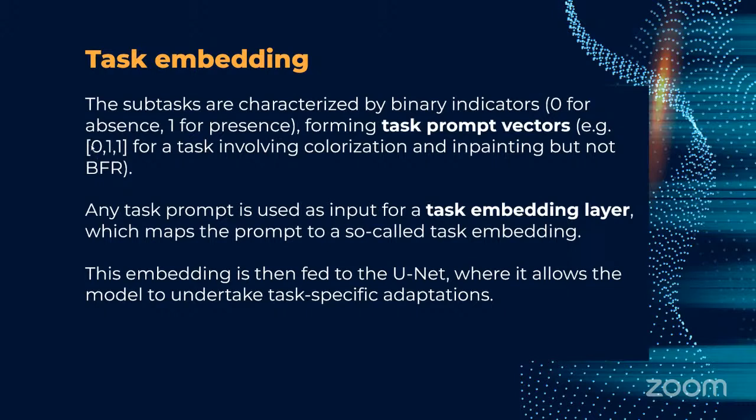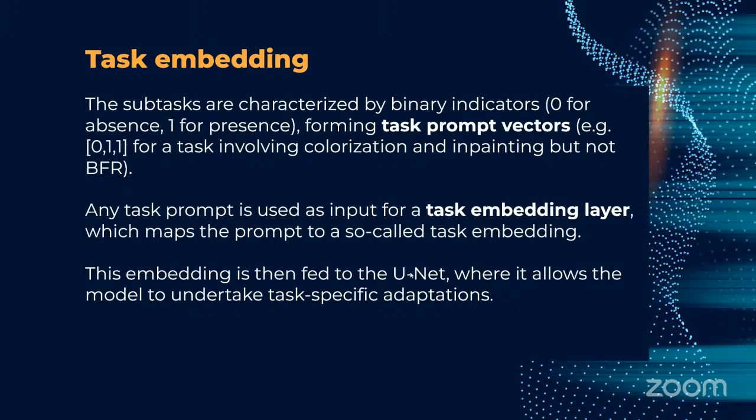For example, in this 0, 1, 1, this means that we have a video which requires no blind face restoration, but which requires both the colorization and the inpainting task. This task prompt vector is then passed to a task embedding layer, which in turn maps the prompt vector to a so-called task embedding. And this task embedding is then something that can be fed to the UNet of the SVD model to help the model to adapt to the specific task at hand.